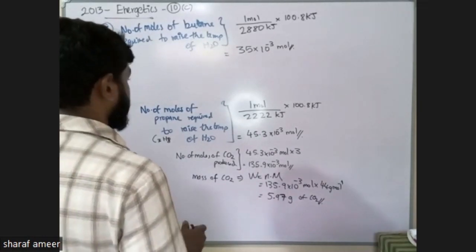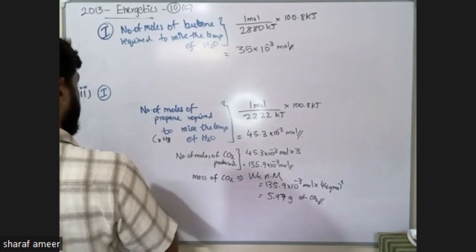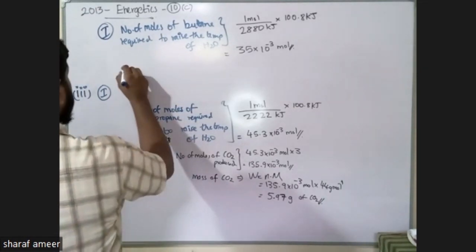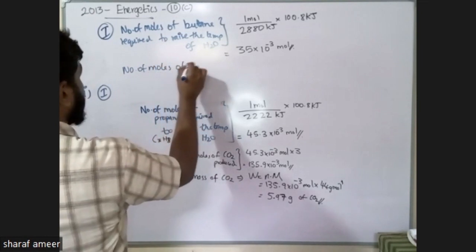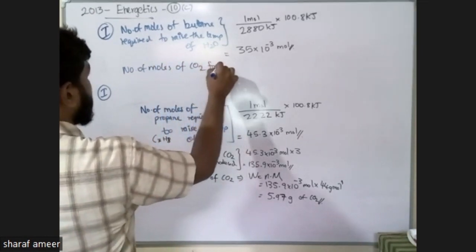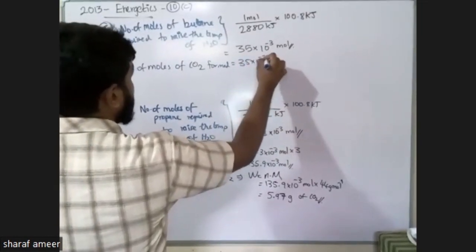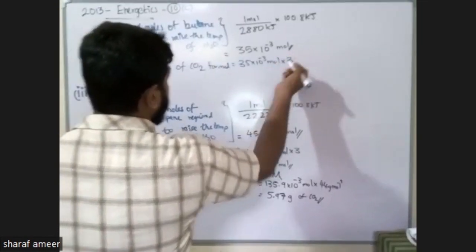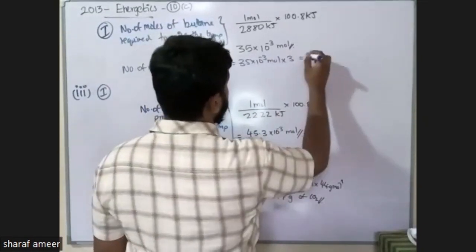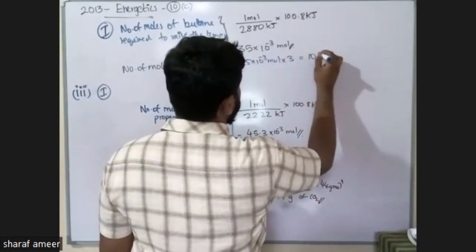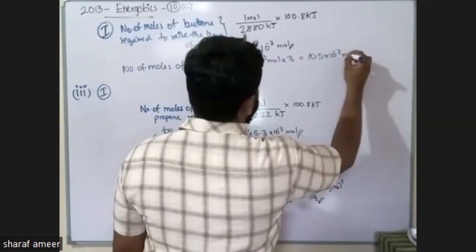So number of moles of CO2 formed is 35 into 10 to the power minus 3 moles into 3. The answer is 105 into 10 to the power minus 3 moles here.